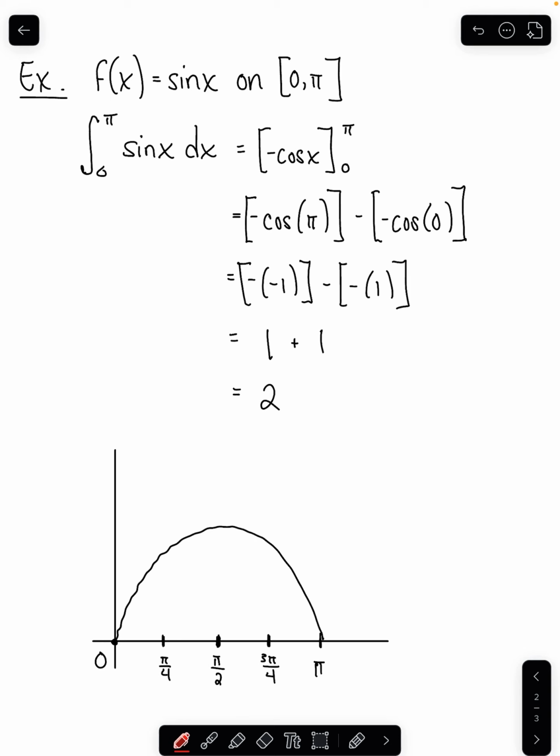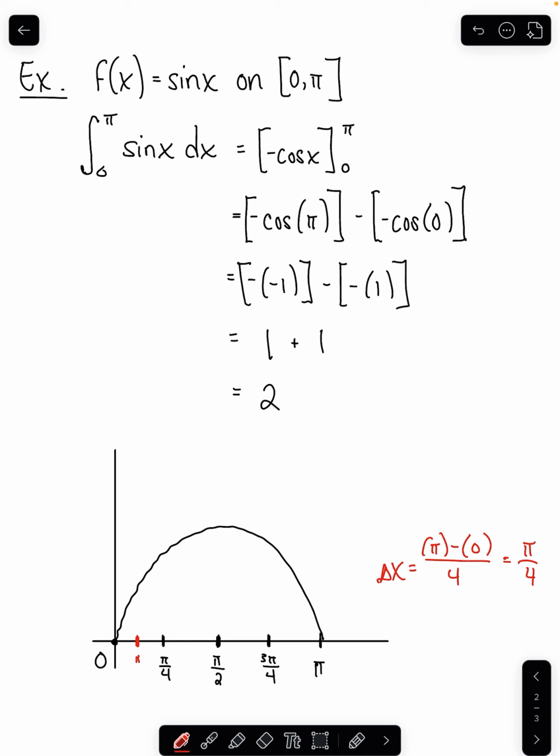Again, once we know that delta x is equal to pi over 4 when we use 4 subintervals, then once we find the midpoint of the first subinterval, all we have to do is add pi over 4 repeatedly. The midpoint of the first subinterval should be pretty easy to find, halfway between 0 and pi over 4.